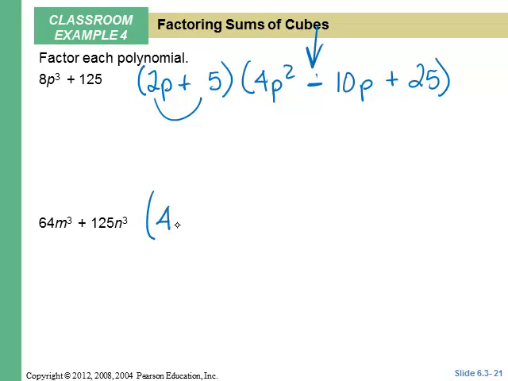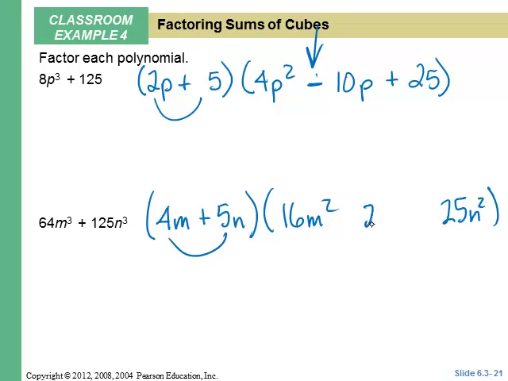Cube root of the first term, copy the sign, cube root of the second term, square the first term, square the last term, multiply these two together, exactly one negative sign.